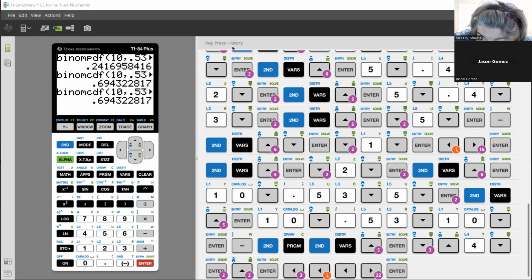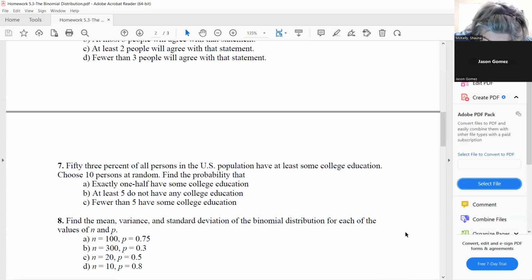At least 5. Do not have any. I'll flag it. That's 7C, right? Or 7B. 7B. All right.